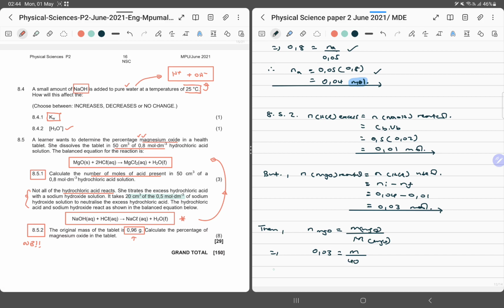So the molar mass is 40. Therefore, the mass of magnesium that we have here is going to be 40 times 0.03, which is... yeah, there is a bit of a problem.